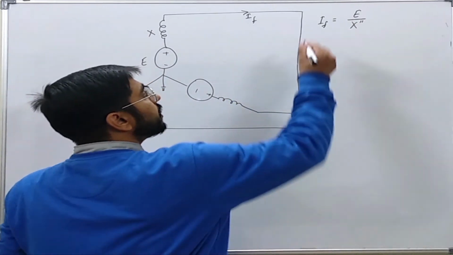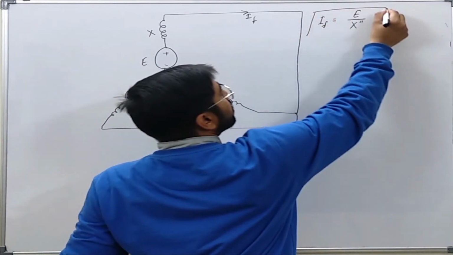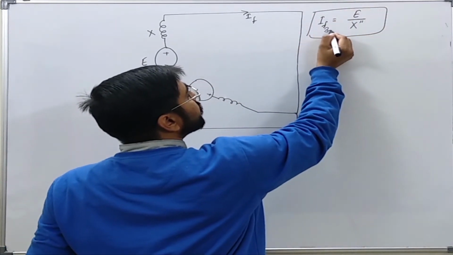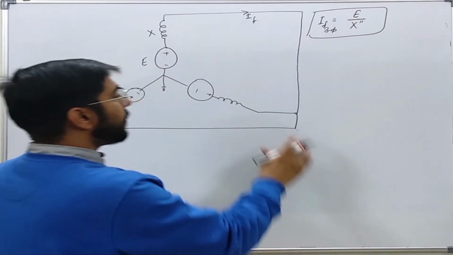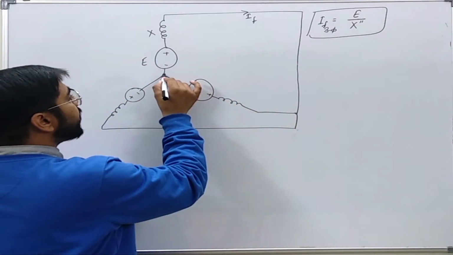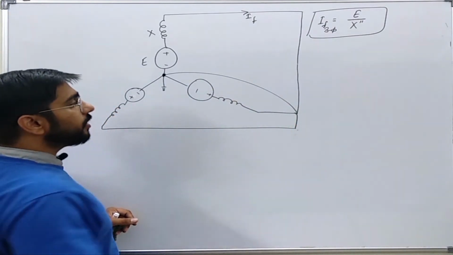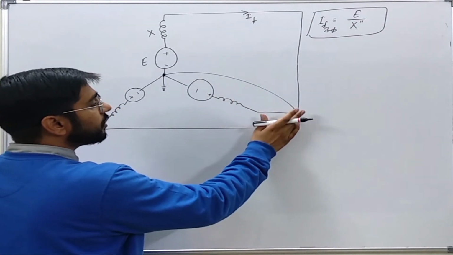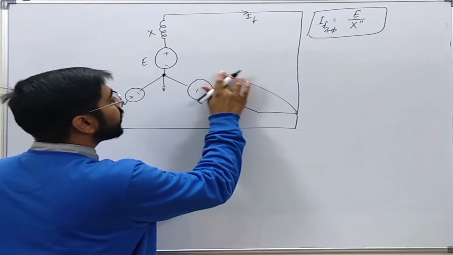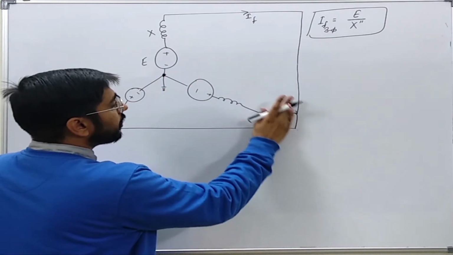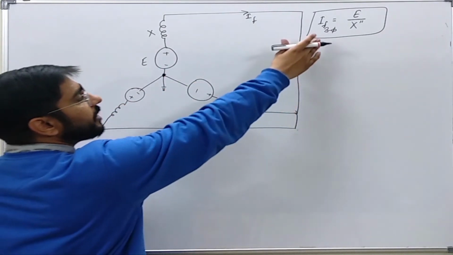So this is the fault current in three-phase fault. Because it is a balanced circuit, this point and this point can either be thought of as connected or as on the same potential. Okay. So we have done this calculation on per phase basis.